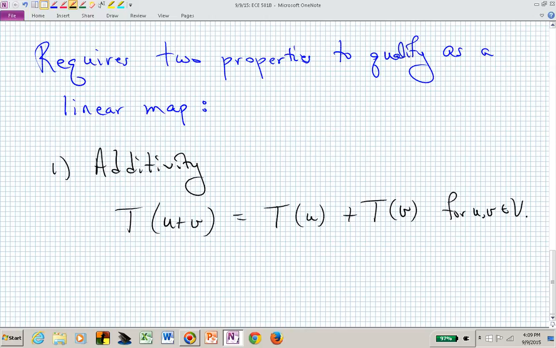That's one property. The second property is the homogeneity property.